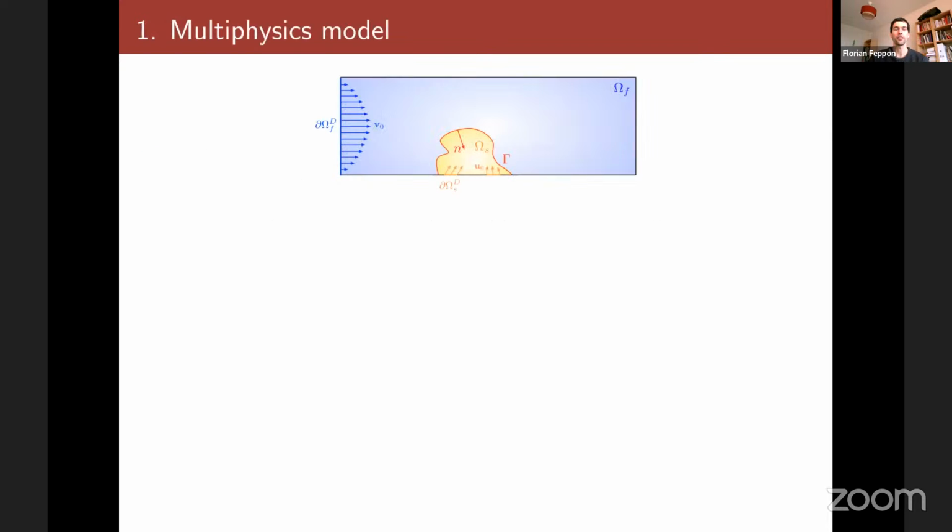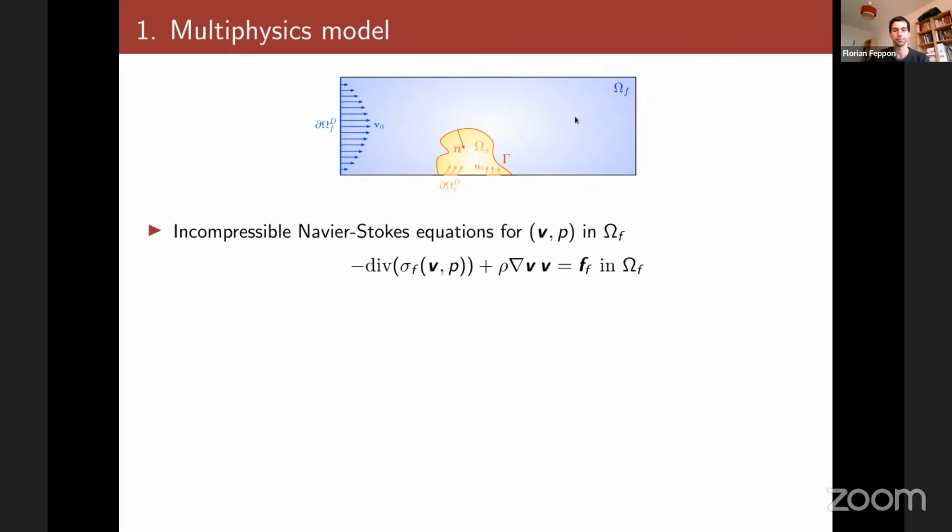We have a domain which is constituted of a fluid part and a solid part, and this can also account for situations where there is no fluid or no solid, where there is only one of them. And we consider three physics. The first physics are the Navier-Stokes equations: a fluid flows through the fluid part, described by the nonlinear Navier-Stokes equations.